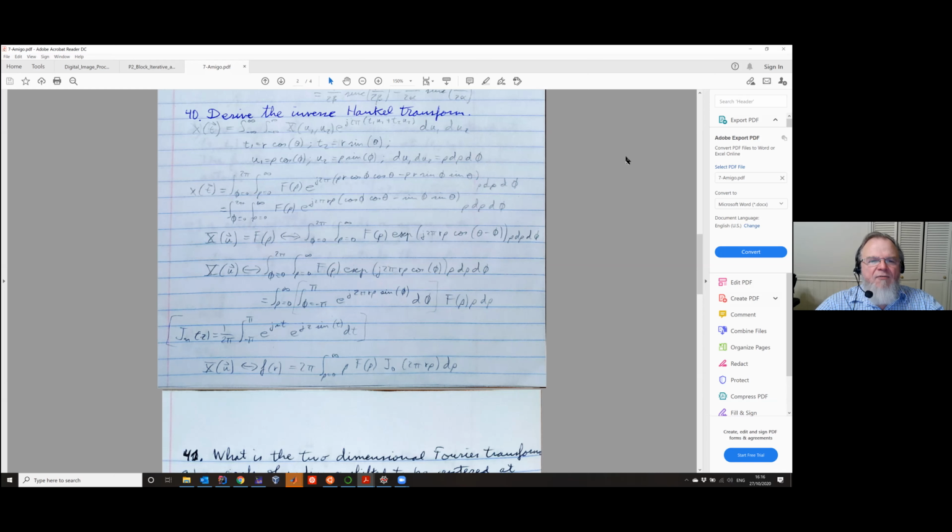Now, of course, with the inverse Fourier transform you use e to the plus j, and for the forward transform you use e to the minus j, but that washes out here. All of that washes out in terms of the derivation. In fact, if you stopped after the second step and said, I'm going through the same steps as I did for the forward Hankel transform, and I'm going to get exactly the same thing, except things would be reversed, that would have been okay.